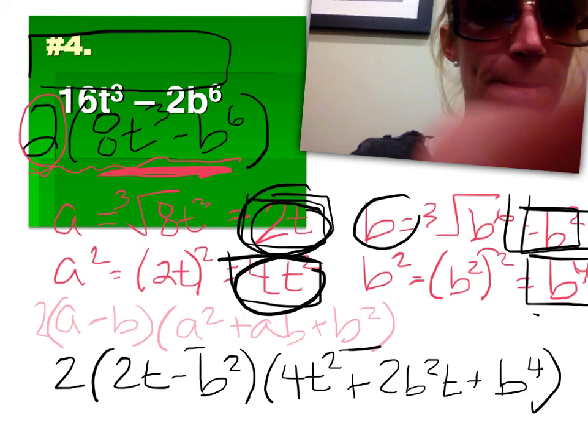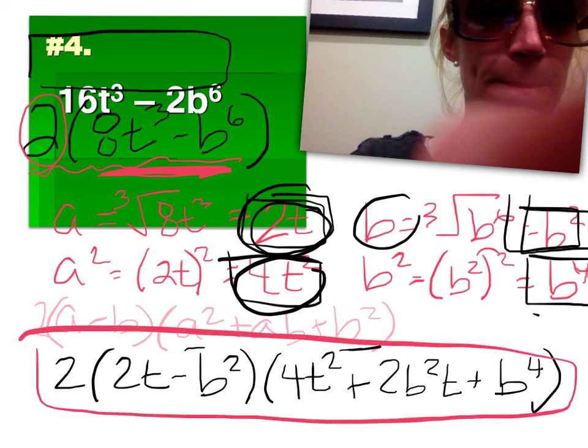Perfecto, you are the reason why I get up in the morning. Now, that cannot be factored anymore because there are no greatest common factors. And booyah. On to the next one.